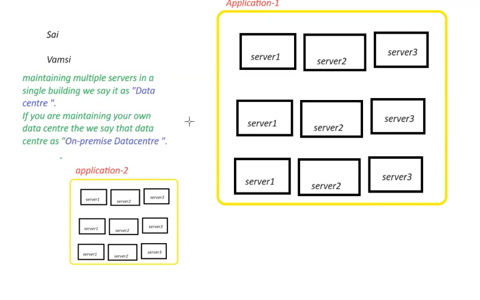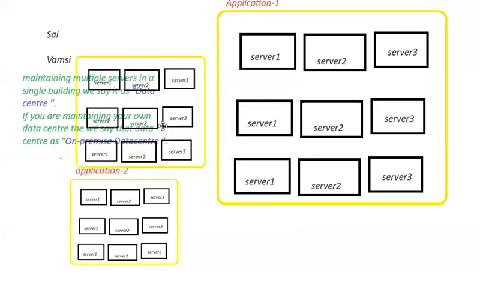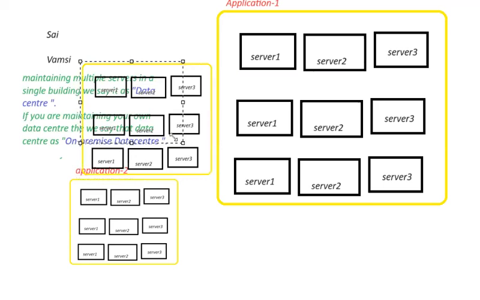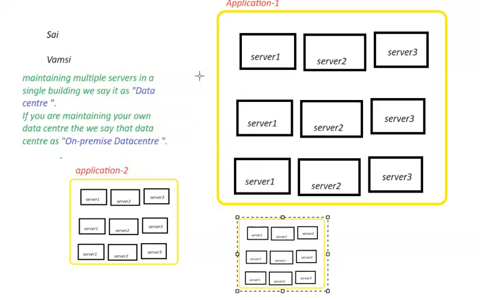Now Omsi created one more data center for Sai, and he is maintaining this data center as well, for application 3. Application 3 is maintained using this another data center.